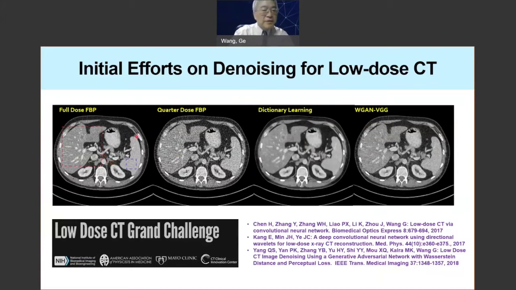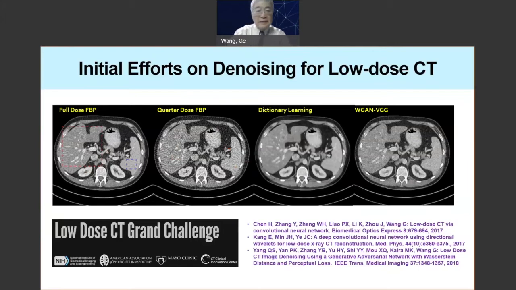If you use normal dose radiation, you get decent image quality, but X-ray radiation may potentially induce cancer and cause genetic damage. So we try to minimize radiation dose so patient risk can be reduced. But if you use quarter dose filtered back projection, you see the image becomes a little noisy.